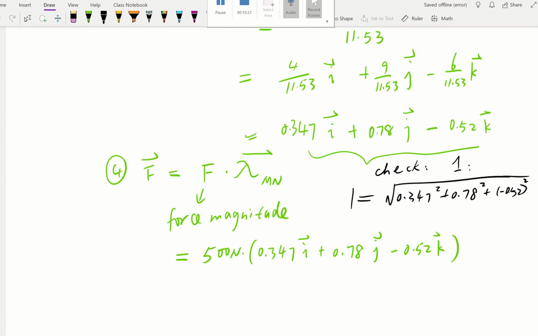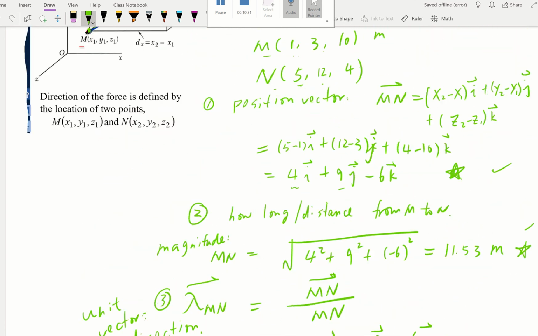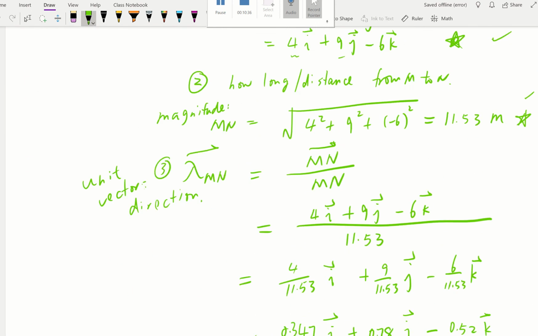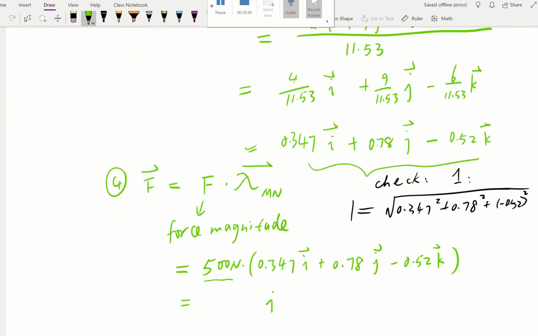Now let's go back to this last step. Once you know the magnitude of force and the direction, we are so close to our goal. Our goal is to find Fx, Fy, Fz, which are the i, j, k components. So our i term is 500 times 0.347, our j term is 500 times 0.78, and our k term is 500 times 0.52.